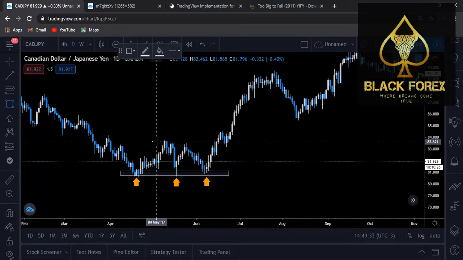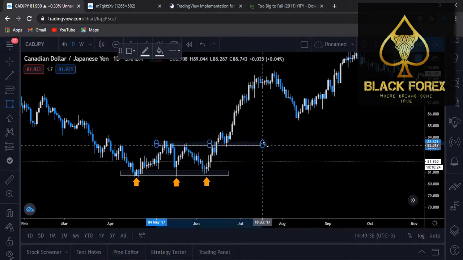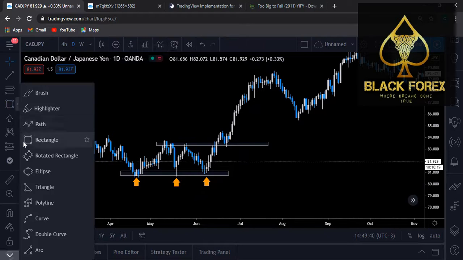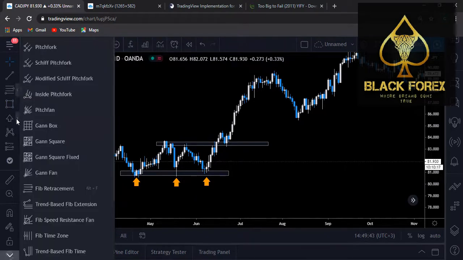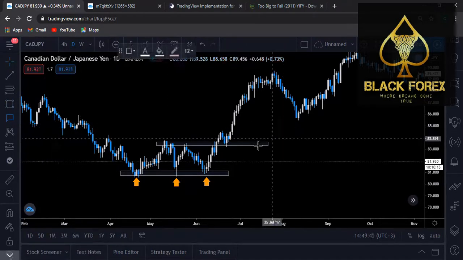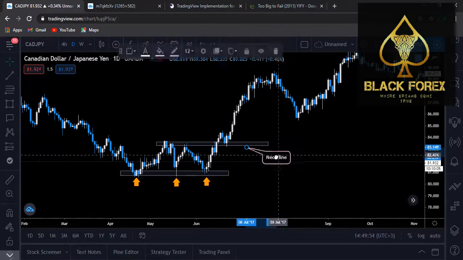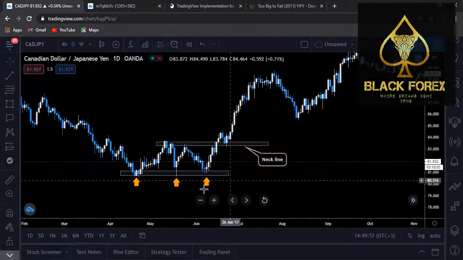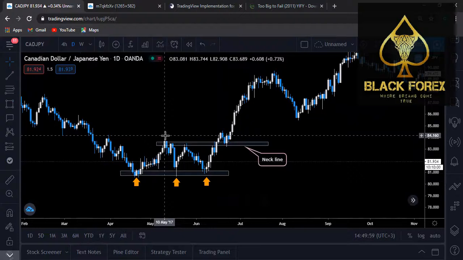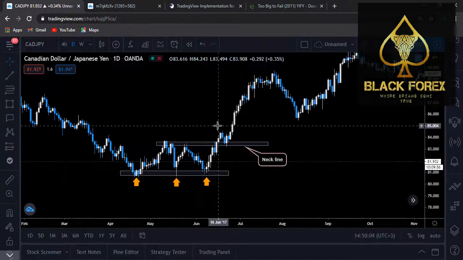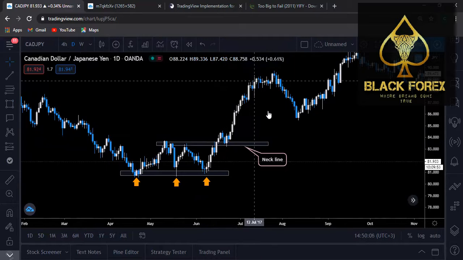And then here will have to be the neckline, right? Now, as you can see, the market came here, failed to break the neckline, bounced off, failed to break it again. And then on the third touch, that's when it broke, retested, and then pushed higher.